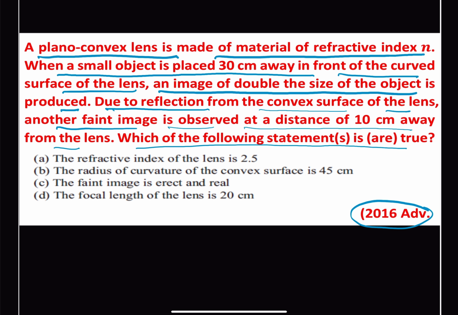We are given that the object distance is 30 centimeter, so u is minus 30, and the image distance for refraction is 60 centimeter, because the magnification is given as 2.